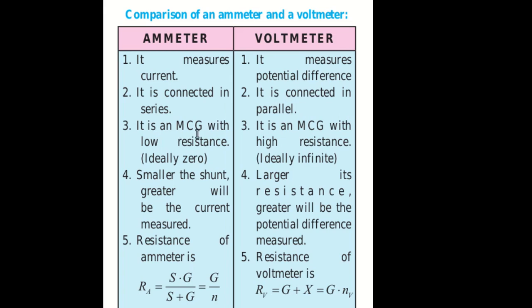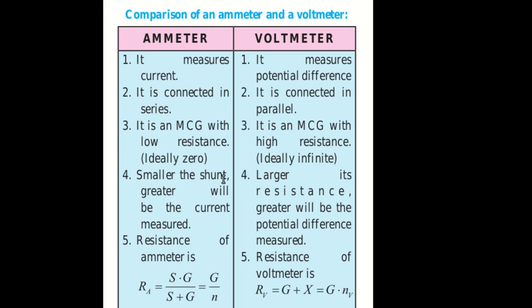The ammeter is an MCG, that is a moving coil galvanometer, with very low resistance. So the ammeter ideally has zero resistance or practically low resistance. Similarly, the voltmeter will have very high resistance or ideally infinite resistance.